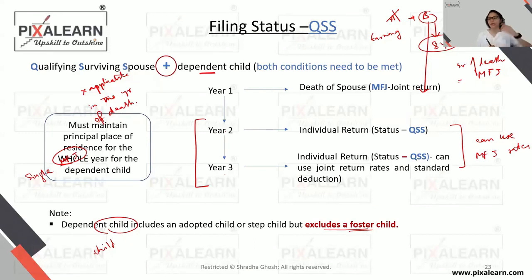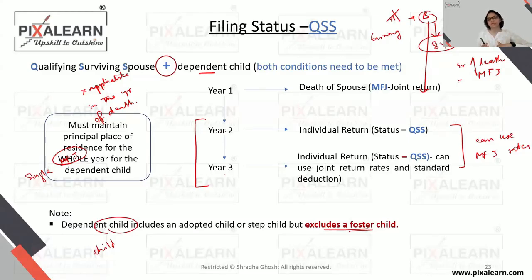On your return, you can file as single, married filing jointly, married filing separately, qualifying surviving spouse, and as head of household. Single and married are very clear, as of 31st December. Married filing separately is clear, but we discourage it. Qualifying surviving spouse: remember, in the year of death, it is married filing jointly.